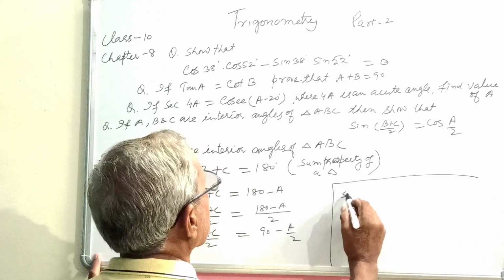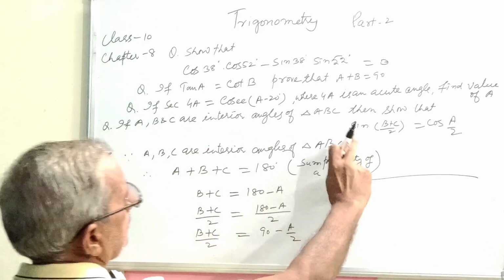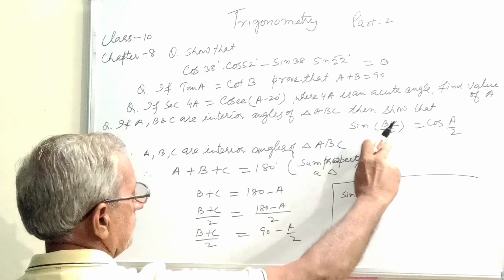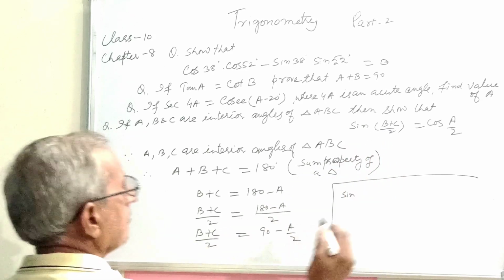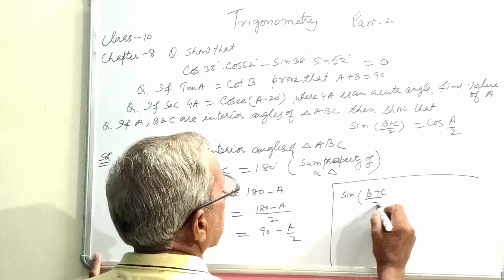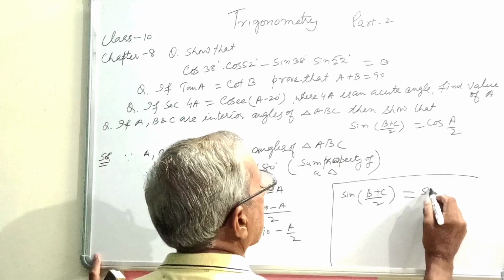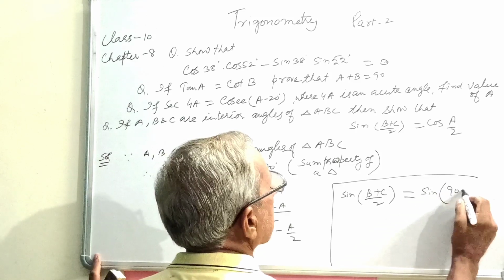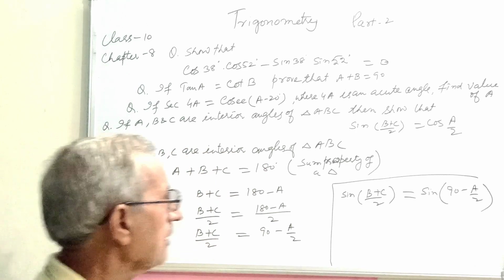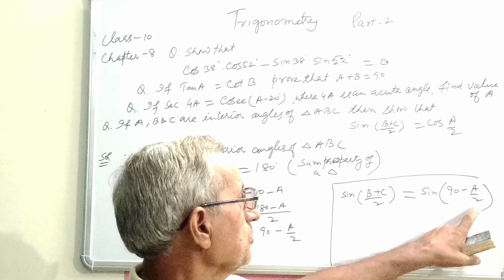So sin. देखो क्वेश्चन में आपको पूछा है साइन B प्लस C अपॉन 2, तो इसलिए हम साइन लिख रहे हैं. साइन B प्लस C अपॉन 2 इज इक्वल टू साइन 90 माइनस A upon 2. So just see here, for the complementary angle the theta is A upon 2.